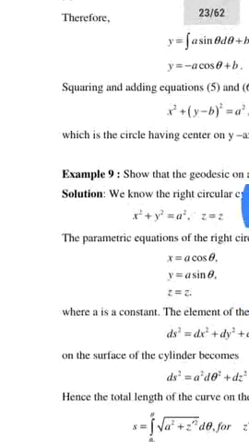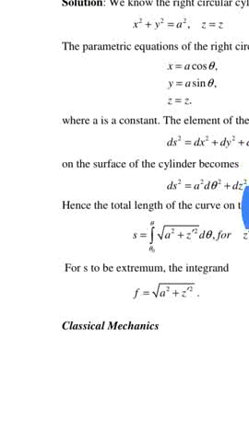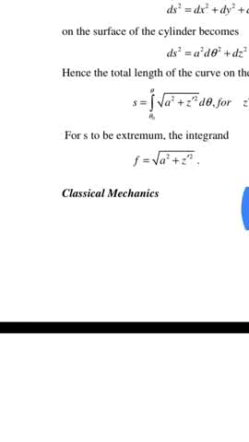And del f by del z dash is nothing but the derivative with respect to z dash of square root of a square plus z dash square, which is equal to 2z dash divided by 2 square root of a square plus z dash square.